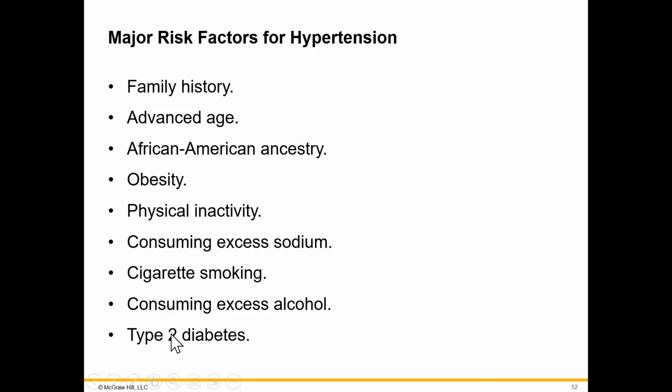And remember, we've been talking throughout the semester about how type 2 diabetes damages blood vessels, and that damage causes them to be less elastic, and that can lead to hypertension. So diabetes really affects all aspects of the body.